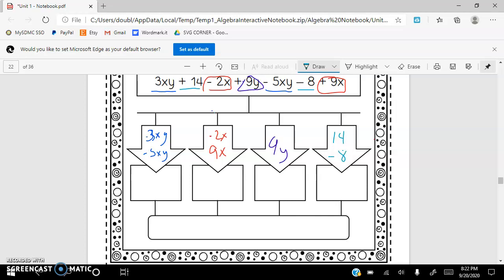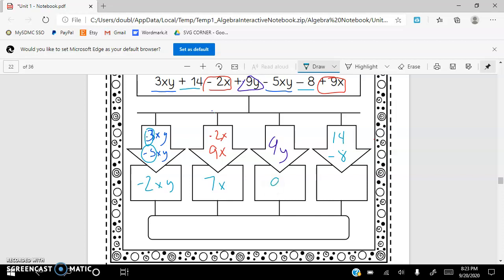Okay, now we're able to do the problem. So we want to take what we have in front and either add or subtract. So we have a positive 3 minus 5, which gives us a -2, and we just bring our x and y down. Combining the terms, we have a -2x and a positive 9x, so that turns into 7x, because 9 minus 2 is 7.